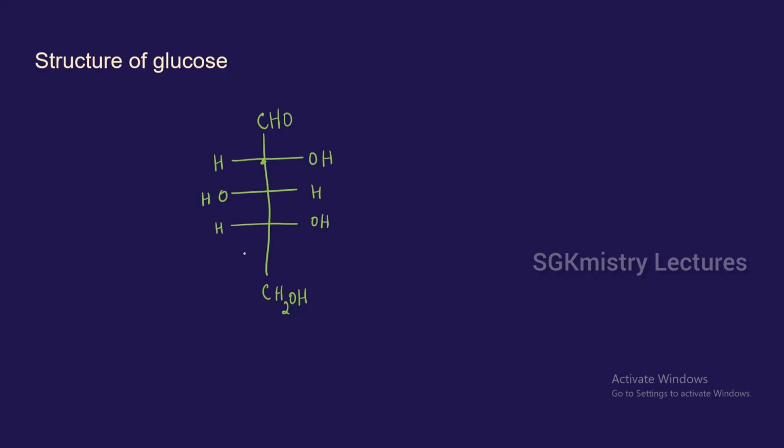OH and H, and here we have one more OH and H. So totally there are 1, 2, 3, 4, and 5 OH groups, 1 aldehyde group, and 6 carbon atoms: 1, 2, 3, 4, 5, 6. So this was the structure which was proposed, but this is nothing but the open chain structure of glucose.